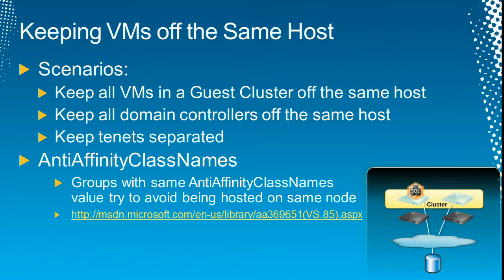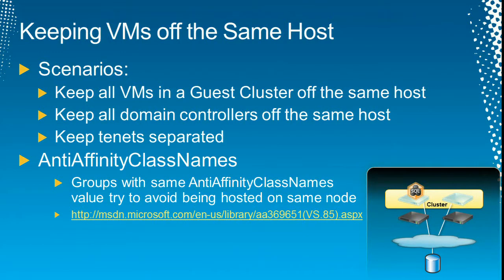So let's say you want to keep VMs off the same host. We call this anti-affinity, right? Let's say you have a guest cluster. You probably want both of those VMs in the guest cluster not to be running on the same host in case that host crashes. Same thing with your domain controllers. You probably don't want your domain controllers all running on the same host, so that if that host crashes, all your domain controller VMs don't go away.